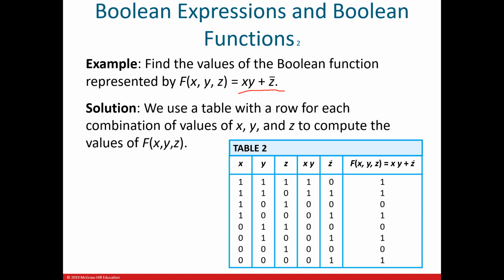We consider x, y, z, and since there are 3 variables, we have 2 raised to 3, which is 8 different possibilities. We start with 4 ones, 4 zeros, then 2 ones, 2 zeros, 2 ones, 2 zeros, then 1 0 1 0 1 0 1 0.